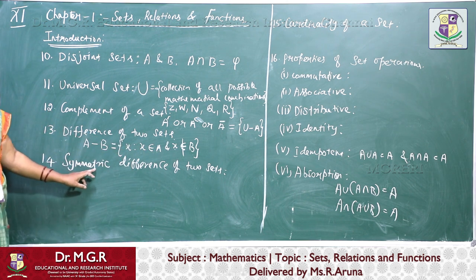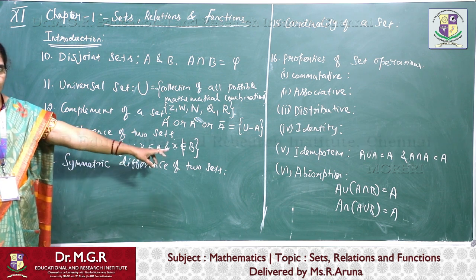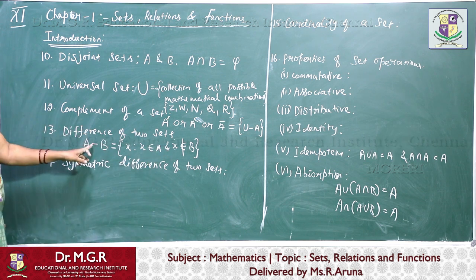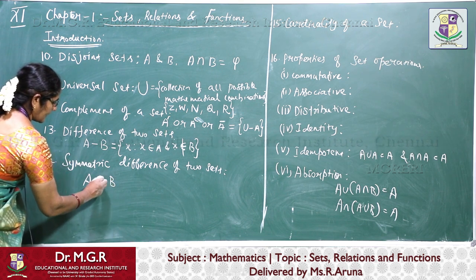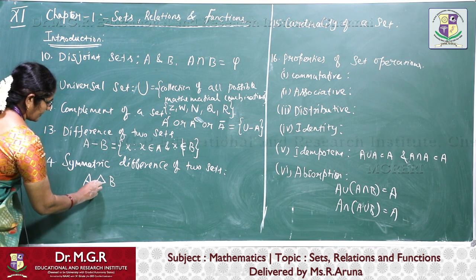Next comes symmetric difference of two sets. So here we define the difference by the notation minus, but the symmetric difference is denoted by the symbol called delta.